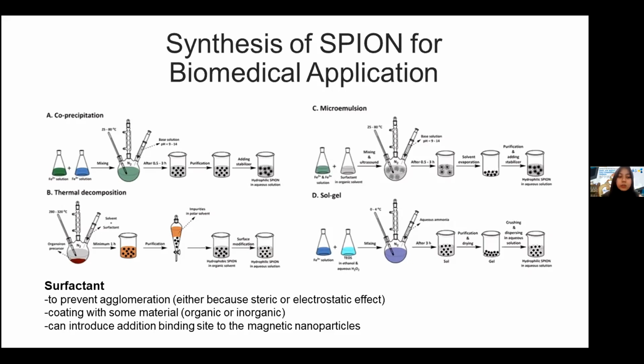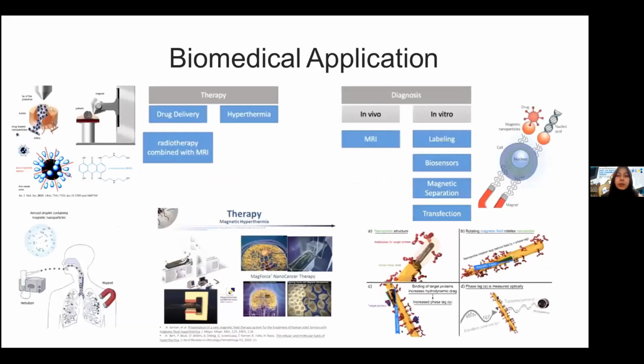And also we need to add surfactant to prevent agglomeration that happens because of static or electrostatic effects. We can coat the material with some other material, organic or inorganic, and also surfactant can introduce additional binding sites to the magnetic nanoparticles. In biomedical application, we can divide it into two types, therapy and diagnosis.